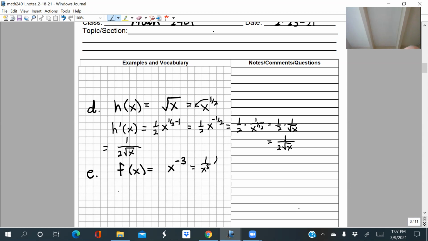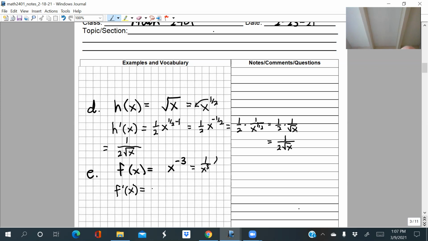But I really don't even care about that, because all I'm asked to find here is the derivative, right? And remember, -3 is a power, just like 1/2 is a power here. So you can apply the power rule. The power rule works for any exponent except 0. So you don't have to worry that x to the -3 means 1 over x cubed.